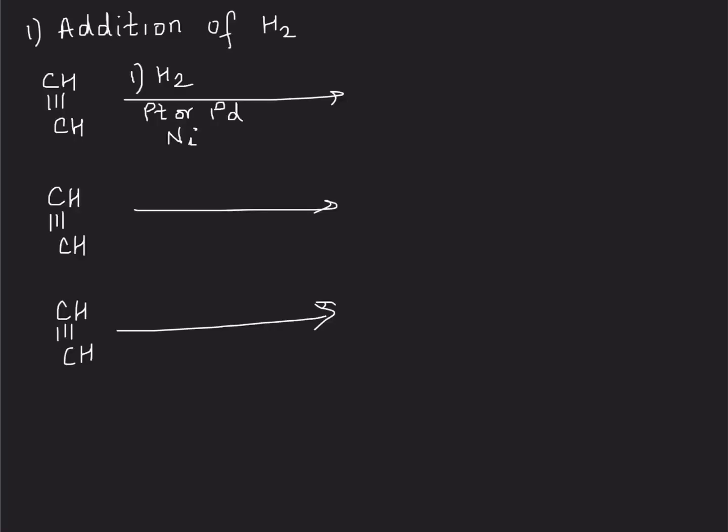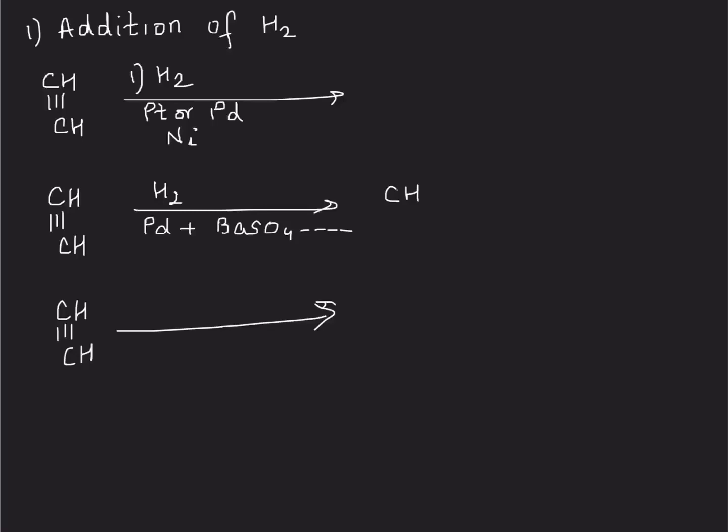Very good. Then second is Lindlar's catalyst. Do you know what is Lindlar's catalyst? If you don't, I have discussed everything in the video. Palladium is poisoned, barium sulfate. I'm not giving the full. I want you to write, and I want you to remember it.